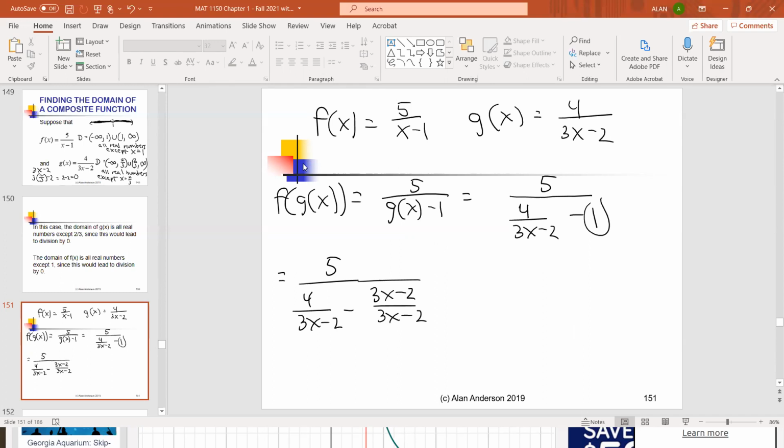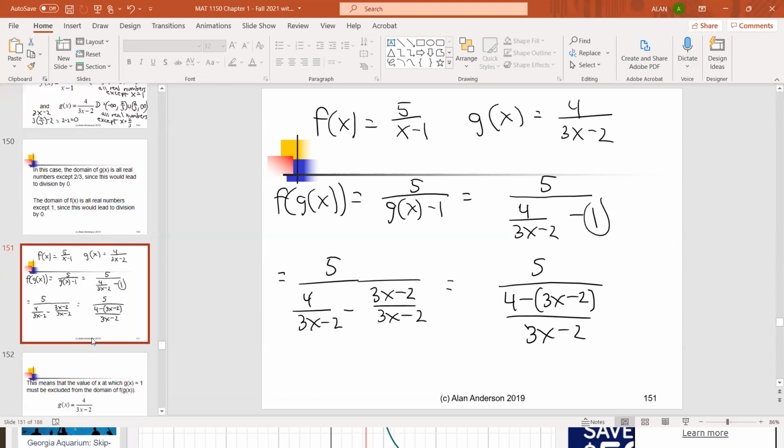And secondly, they both now have a common denominator. So what I can do now is write this as, now we have to watch it because there's a negative sign here, which applies to this entire expression. And now, wow, this is a mess. Let's go to the next page.